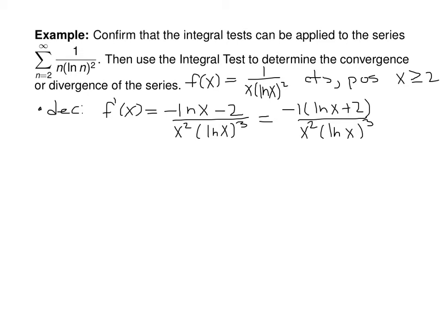And this is also negative, for certainly x bigger than or equal to 2, maybe even for values lower than 2, but all that we care about is 2.